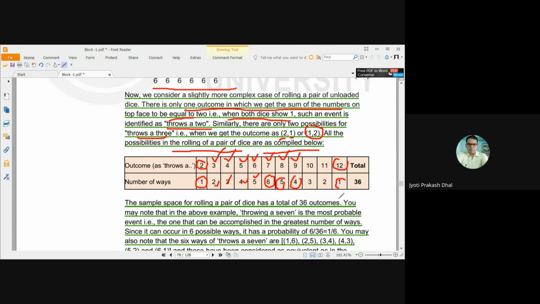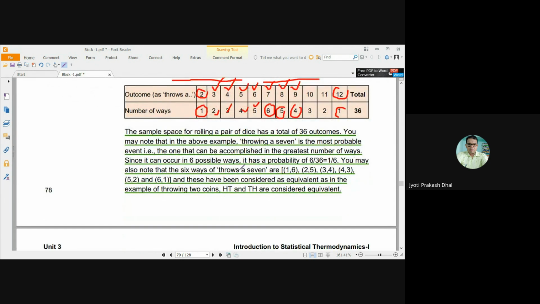So the total number of ways will become 36. So the sample space for rolling a pair of dice has a total of 36 outcomes.